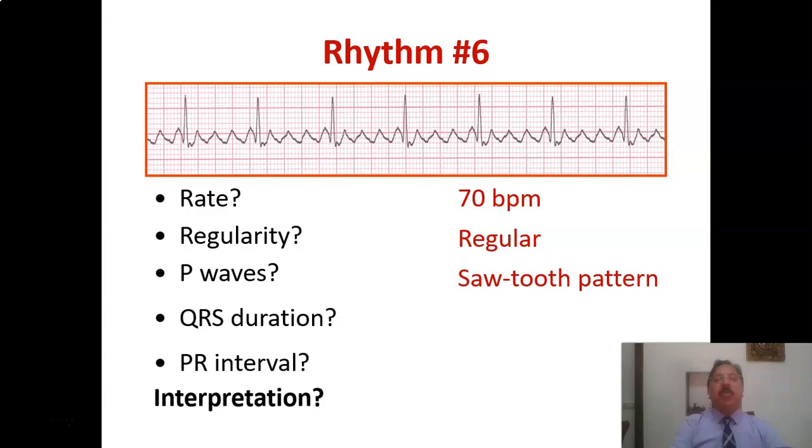No. These abnormal shaped notches are called flutter waves. Sawtooth pattern is seen. QRS duration, narrow, 0.06 seconds. And PR interval, none, because no P waves. So your interpretation is atrial flutter with 4:1 conduction.